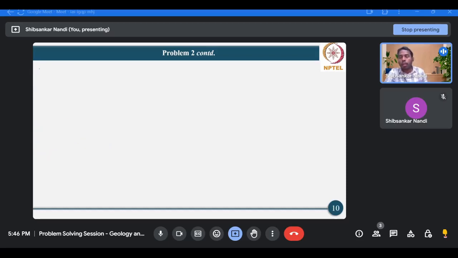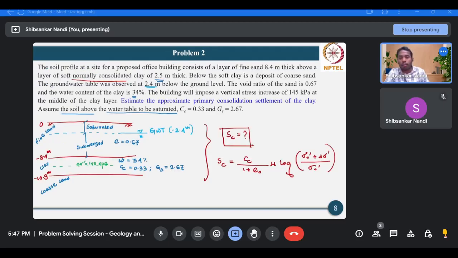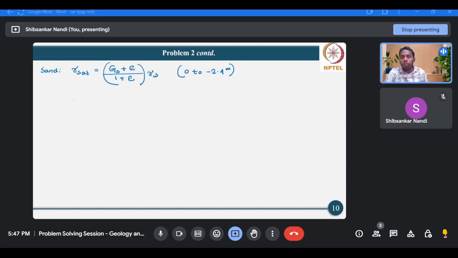Now for the calculation of sigma 0 prime, we have to first calculate the unit weights separately. So for sand, gamma sat would be (Gs plus e) divided by (1 plus e) times gamma w, and it would be valid from 0 to minus 2.4 meter, so up to the groundwater table. Then 2.4 to minus 8.4. First let me calculate the saturated unit weight of the sand.